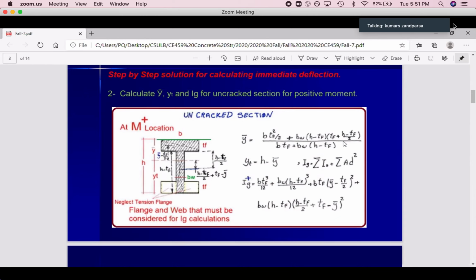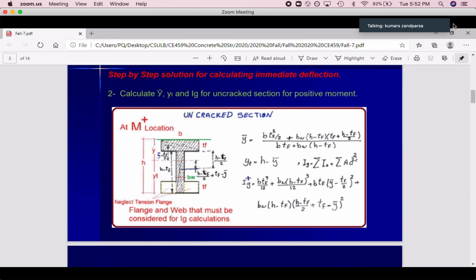For uncracked section for rectangular, that's H, the height of this is H. That's a PE exam. You have less than 1 minute. How can you find Y bar or YT for rectangular shape? See, you need 1 minute and you should connect your information very fast.